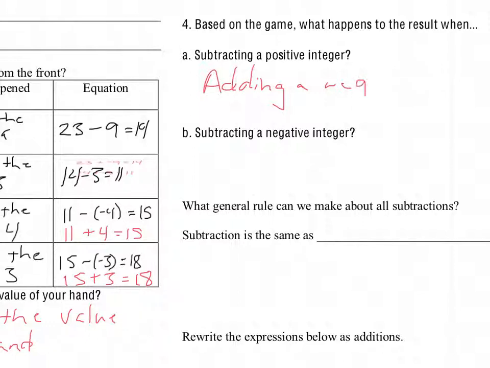And we know a negative is the opposite of a positive. What happened when we were subtracting a negative integer? So when we came over here and we were subtracting a negative integer, it became the same thing as adding a positive. So again, a positive is the opposite of a negative.